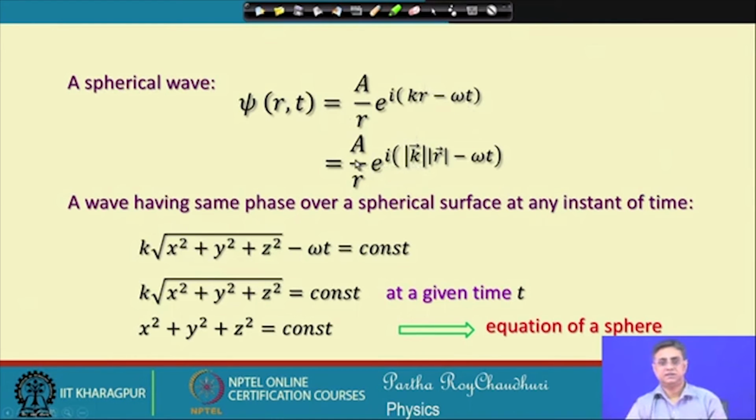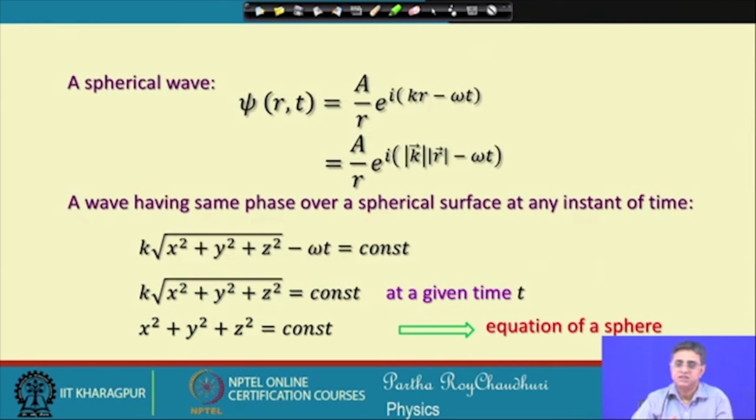Now, let us check that the phase of the electromagnetic wave is constant over a spherical surface. So, k is now the mod of k and r is the magnitude of r. A wave having the same phase over a constant spherical surface at any instant of time will represent a spherical wave.